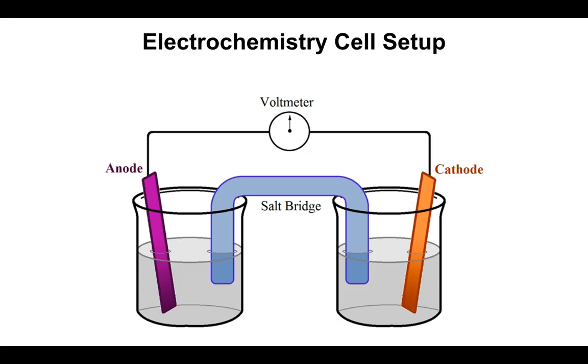This image would represent what's called a galvanic cell. And then sometimes those are also known as voltaic cells. I'll be calling them galvanic cells as we move along here. And you can see there's a voltmeter at the top of this. And the voltmeter at the top suggests that an energy current will be produced in this redox setup.